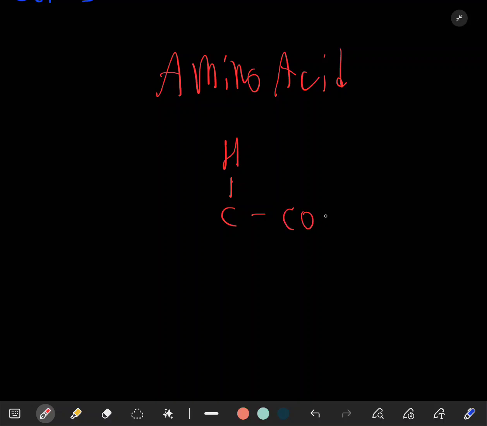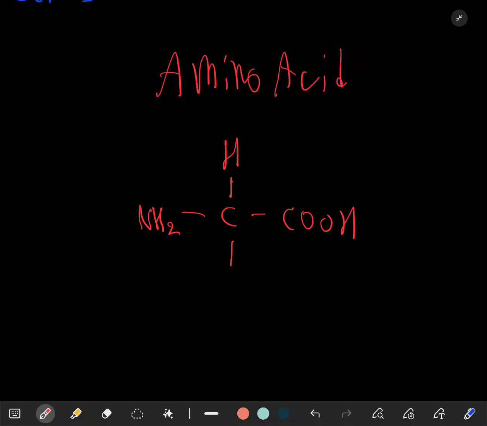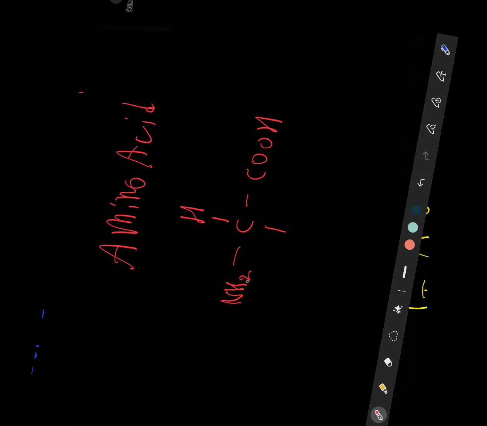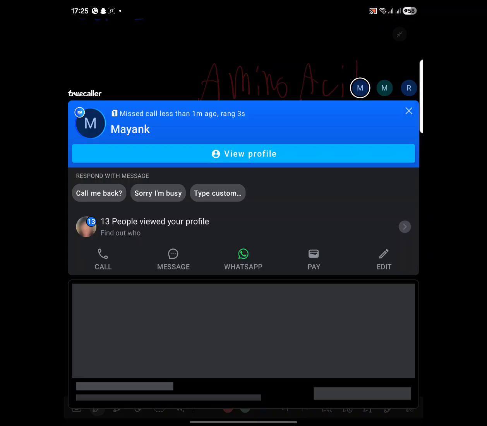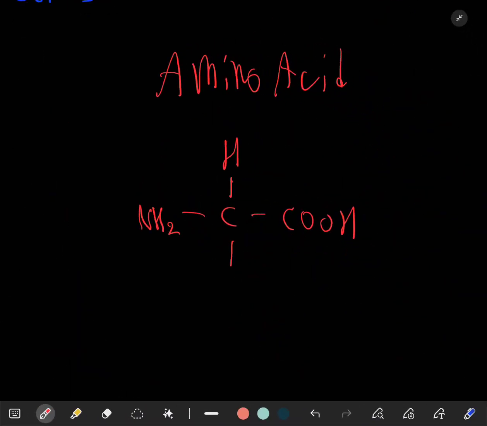At right we get the COOH, the oxidized end, and at the left we get the NH2. Another method to remember this: in our NCERTs it is given that all the amino acids are of L configuration. The naturally occurring ones, the L configuration means that the NH2 is present on the left side.